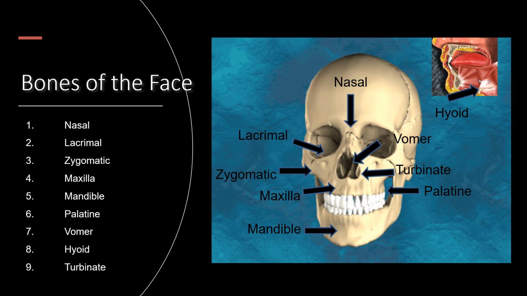So this is the mandible. The maxilla is the name for the upper jaw. The zygomatic is the name for the cheekbone. The lacrimal is the name for the bottom of the eye socket.